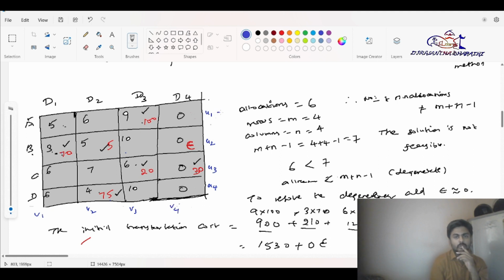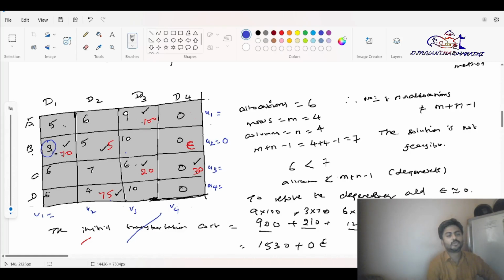Since this is having the maximum number of allocations, I am putting it as 0. When u2 equal to 0, what will be v1? You have to see this value, right?